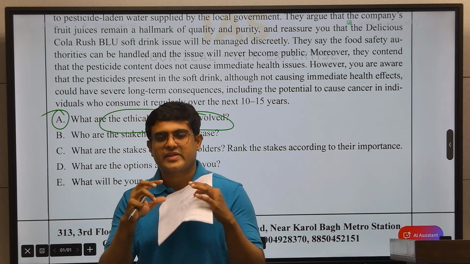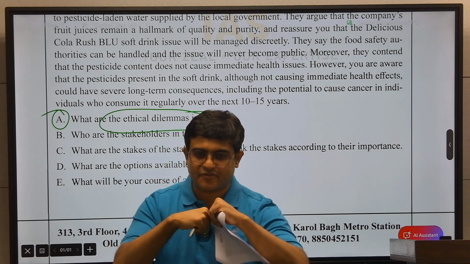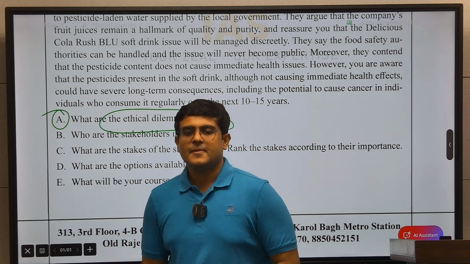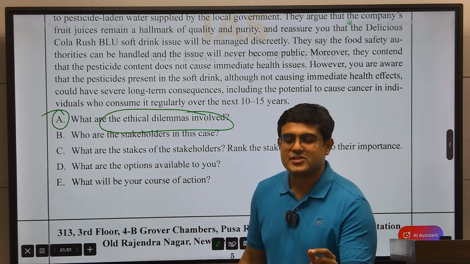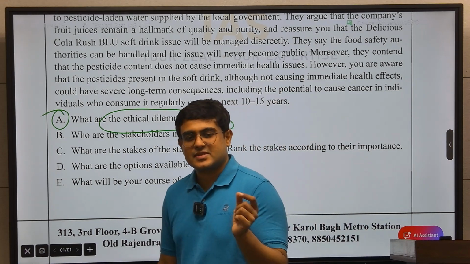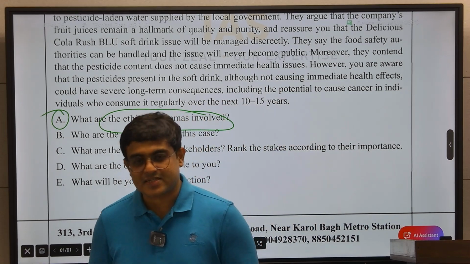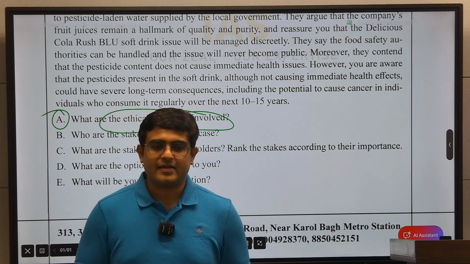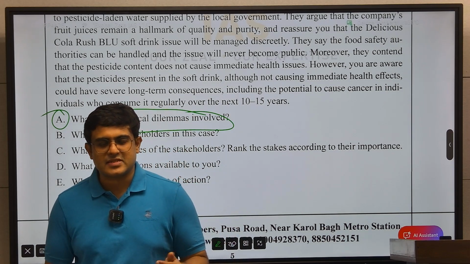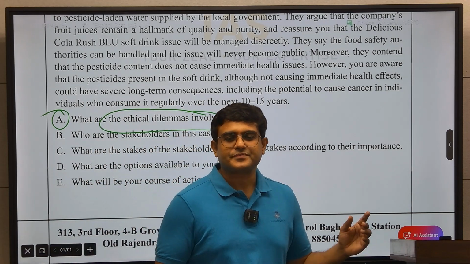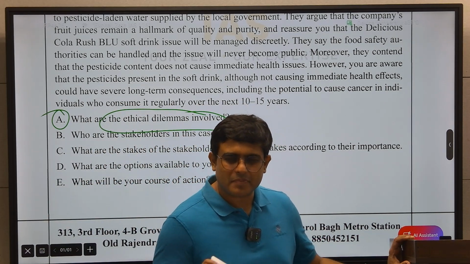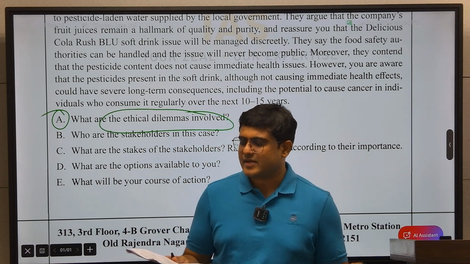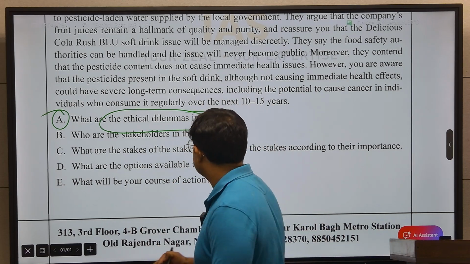Two or more ethical values are at loggerheads, they are fighting with each other. And you have to make a decision. Decision is a must. The situation is challenging. And that decision will result in compromising one of the values. That is the ethical dilemma. Hope it's clear.